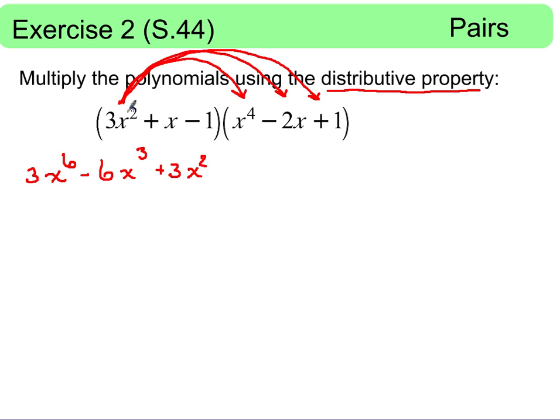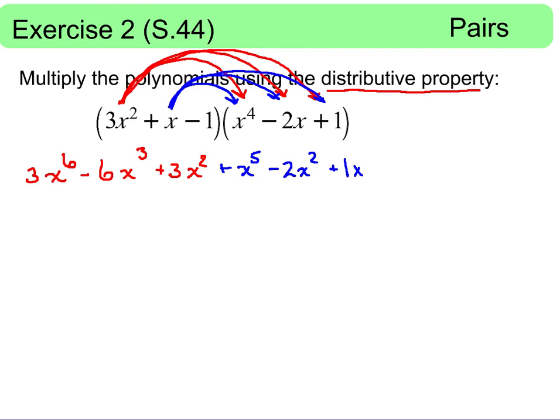Noting that this first polynomial has 2 additional terms, I can take and multiply this one to here. So I would end up with a positive x to the 5th. x times negative 2x is negative 2x squared. And then x times 1 is plus 1x.